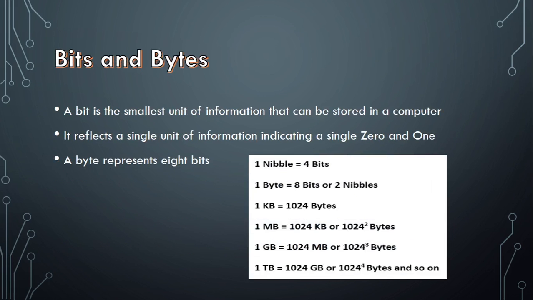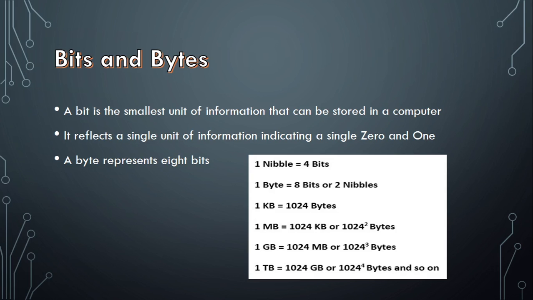Bits and bytes. A bit is the smallest unit of information that can be stored in a computer. It reflects a single unit of information indicating a single 0 or 1.